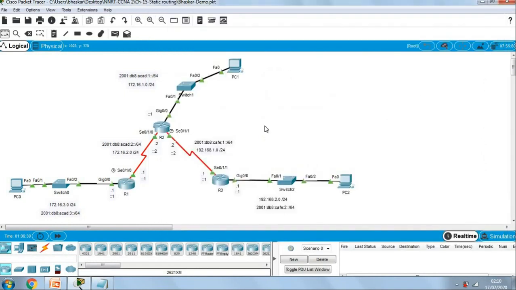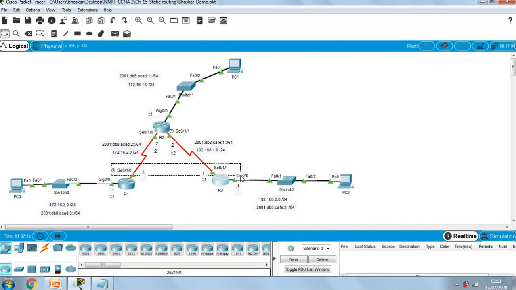Okay, now finally I am coming to the WAN links here. See here, R1 is connecting with R2. The interface here is serial 0/1/0 to serial 0/1/0. The network we are using for that is the 172.16.2.0/24 network. In this network, the first IP I assigned here is 172.16.2.1, and the second IP I assigned here is 172.16.2.2.